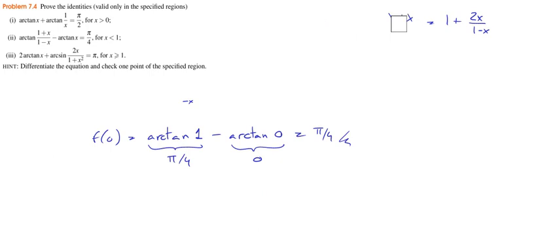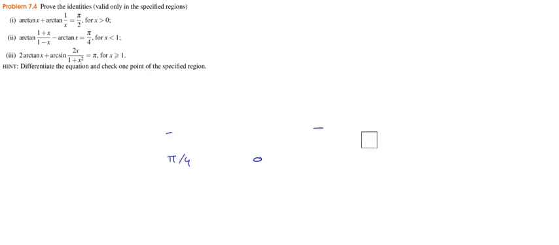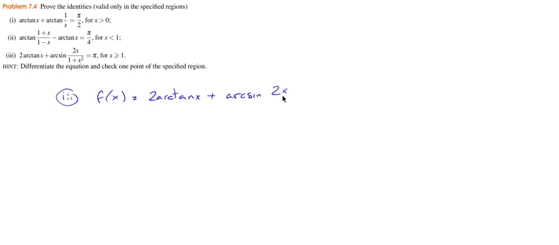And then look, let's do the last one. Number 3: f of x is 2 times the arctangent of x plus the arc sine of 2x divided by 1 plus x squared equals pi if x is greater or equal than 1.